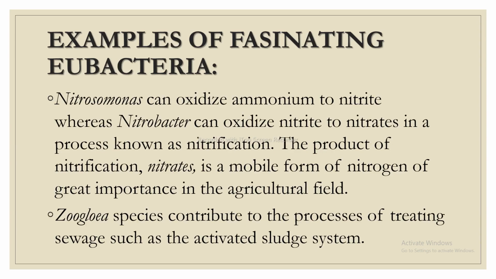Nitrosomonas can oxidize ammonium to nitrite, whereas Nitrobacter can oxidize the nitrite to nitrates in a process known as nitrification. The product of nitrification, nitrates, is a mobile form of nitrogen of great importance in the agricultural field.